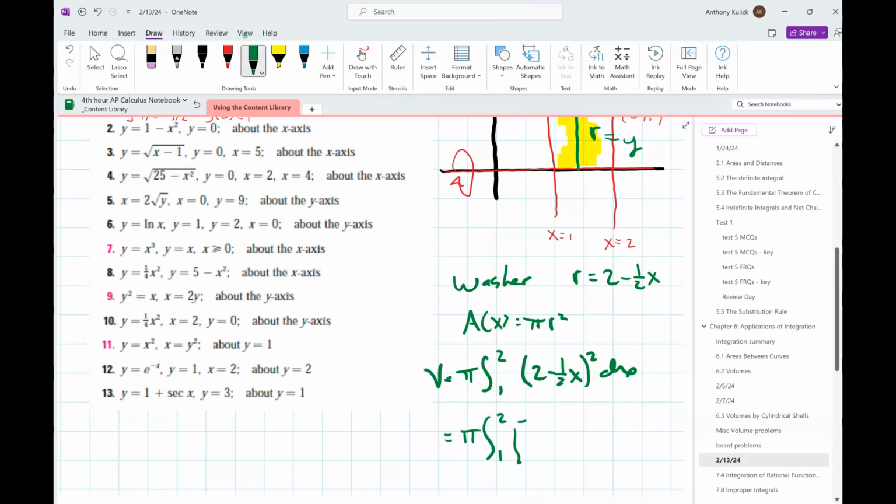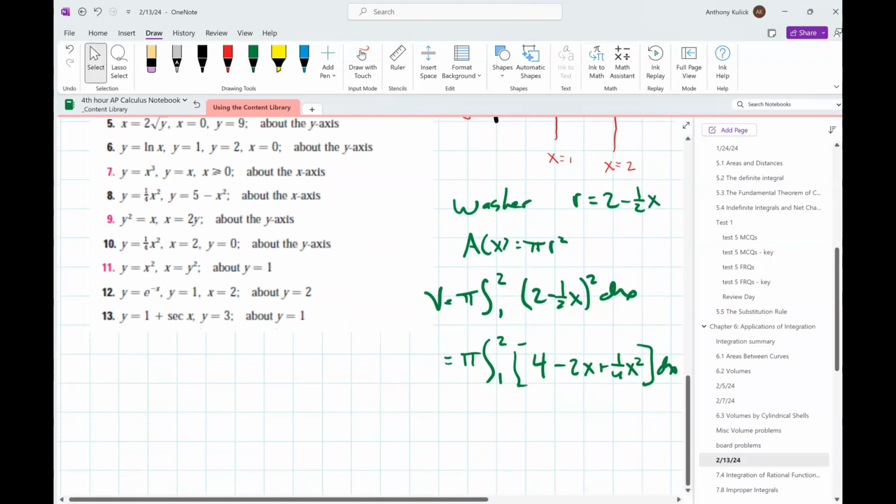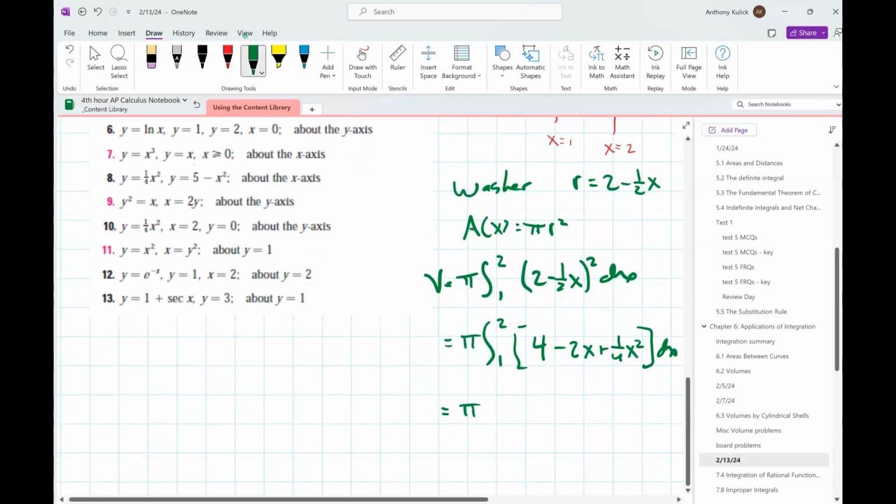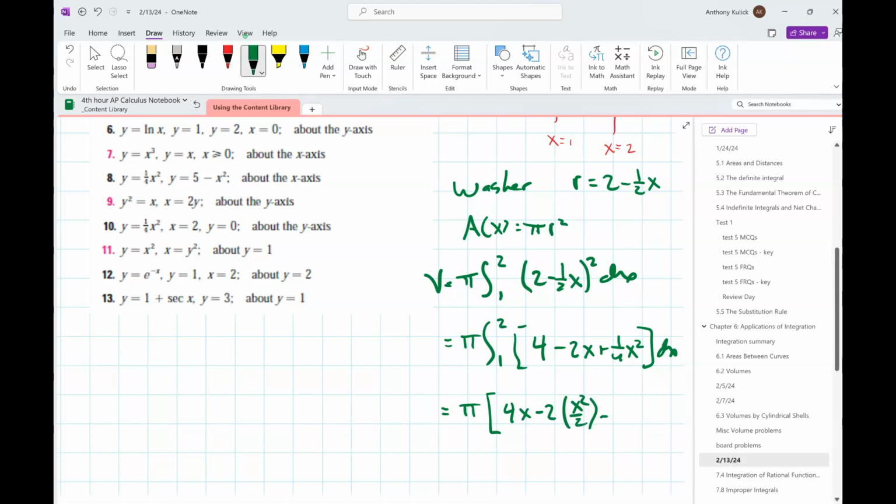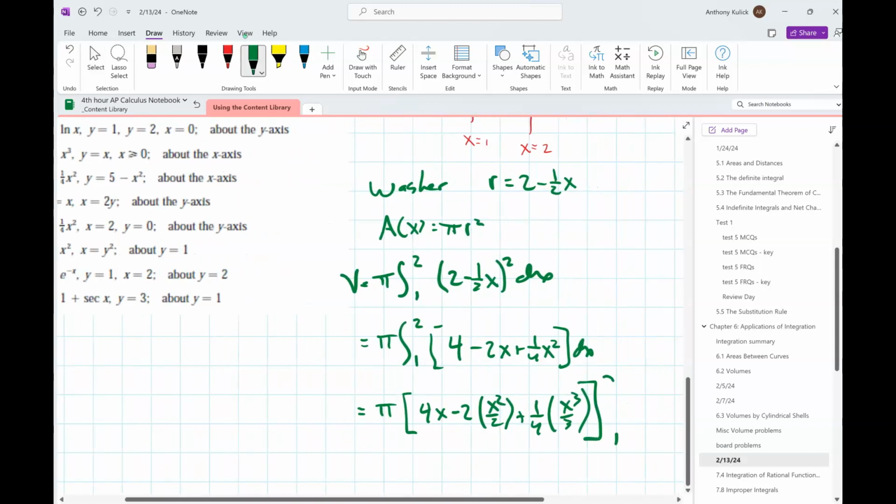Before I integrate anything, I'm going to FOIL this out. When I do that, I get this, I think. Oh, that might be where I went wrong. And then when we integrate, evaluating from 1 to 2, those guys cancel out.